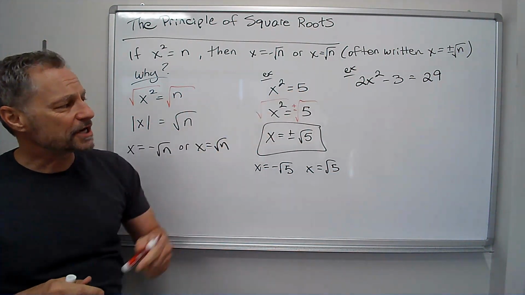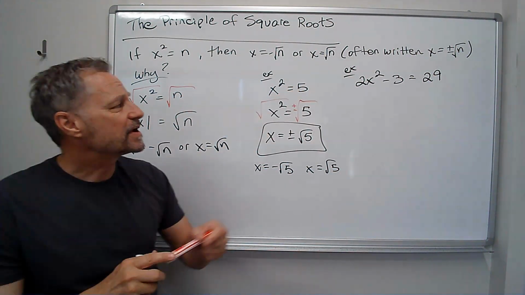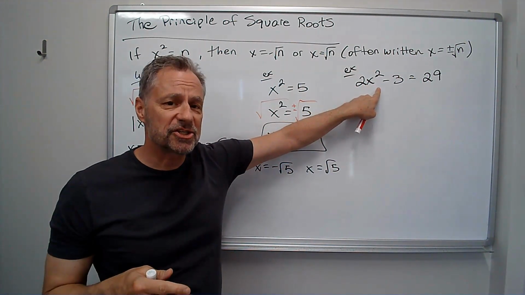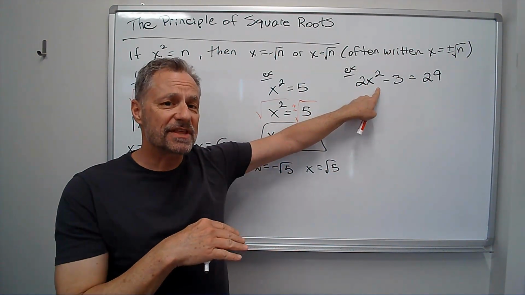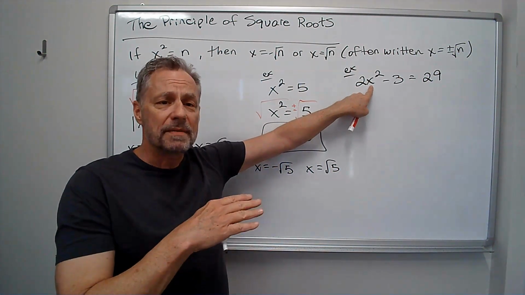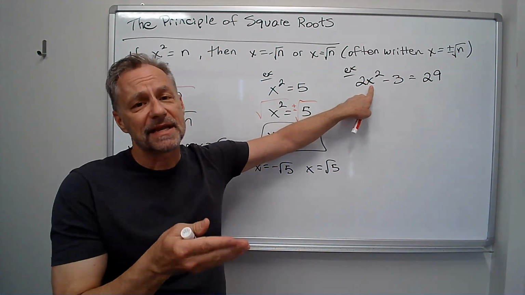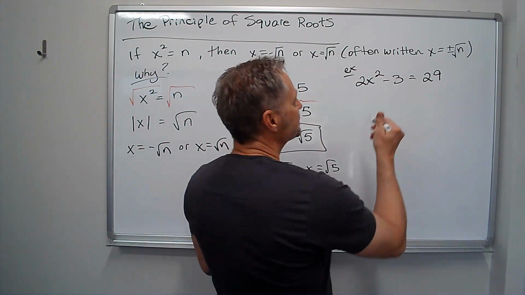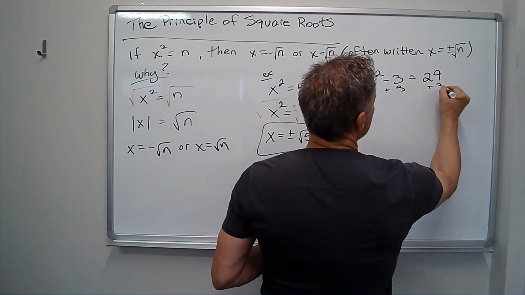Okay, let's look at another one. This time, we have a quadratic equation, but we have an x squared and we don't have an x term. If that's ever the case, I'm just going to isolate the x squared, take the square root of both sides, and use the property. So let's add 3 to both sides.